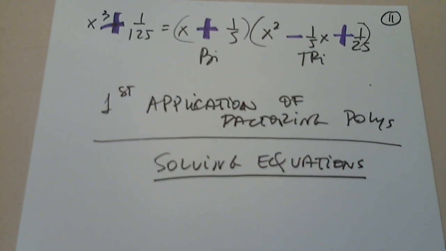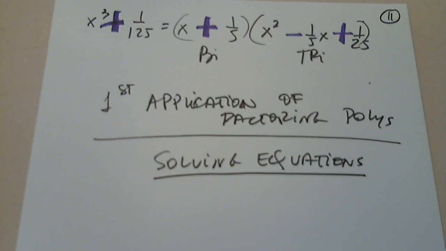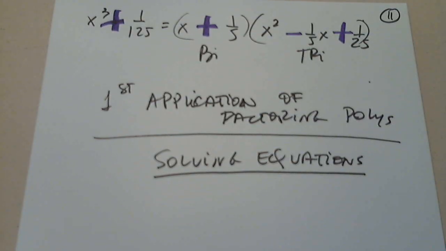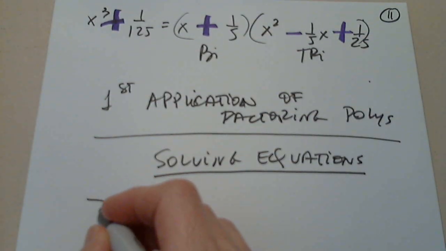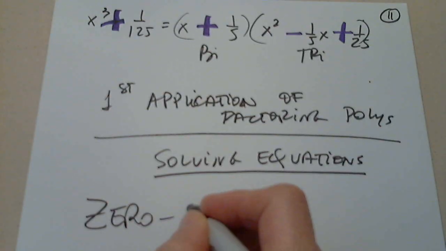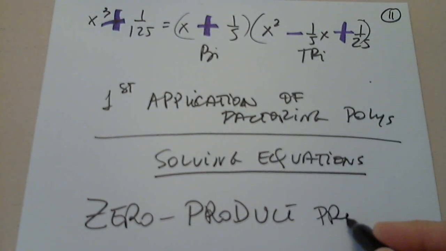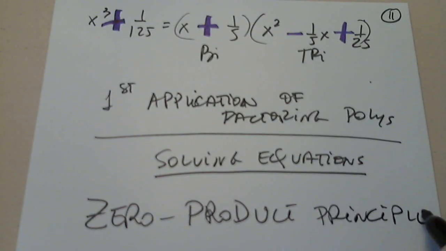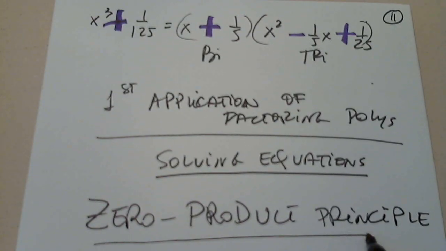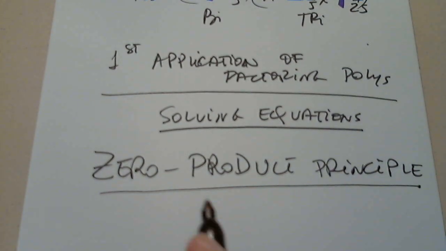So here's an example. Before we look at the first example, actually, I just want to present something called the zero product principle. The zero product principle says the following.